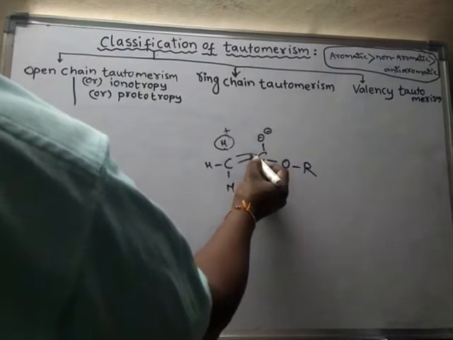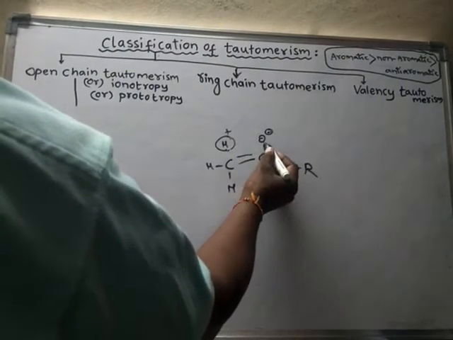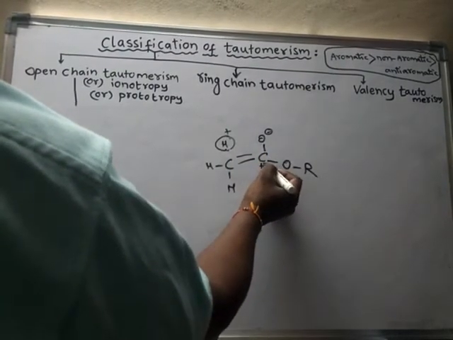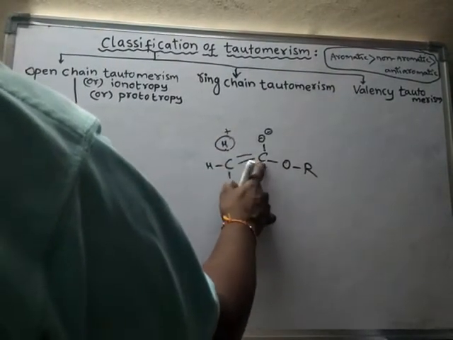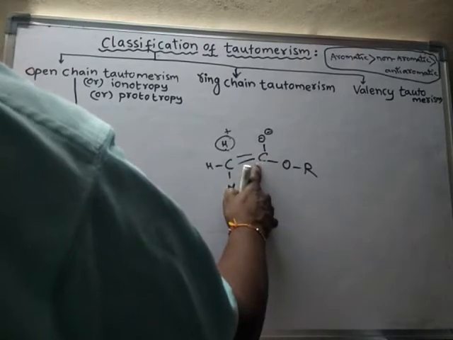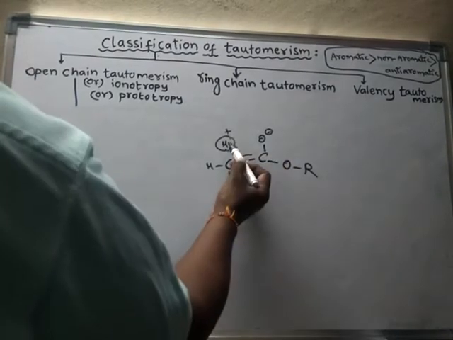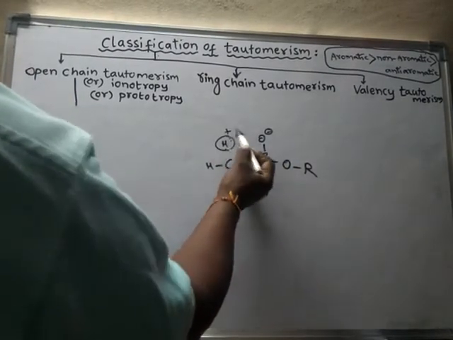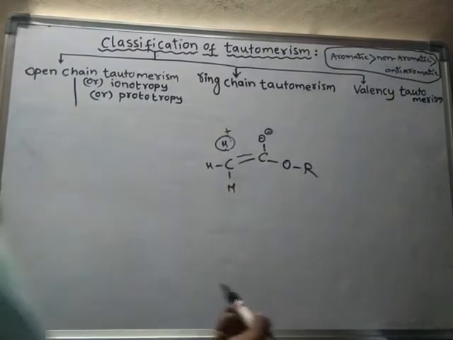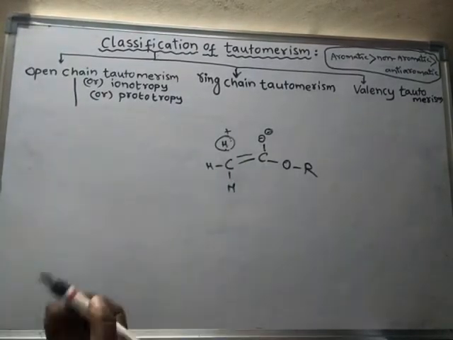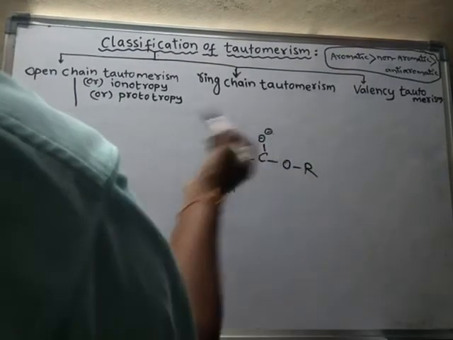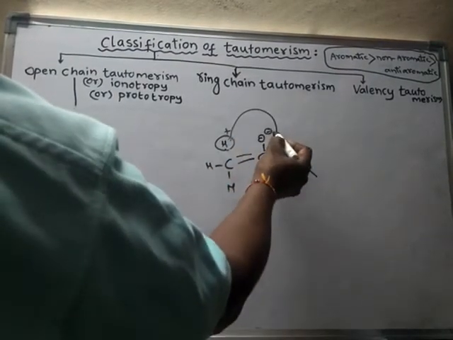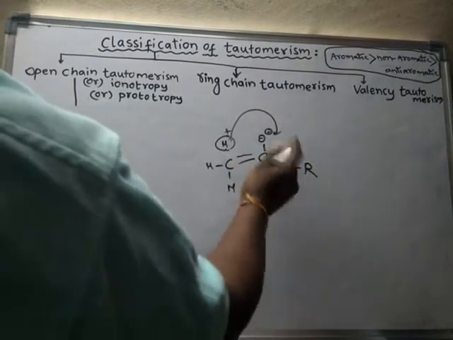This hydrogen is acidic hydrogen; that acidity is due to the H plus ion. So the H plus ion should join here to form OH.